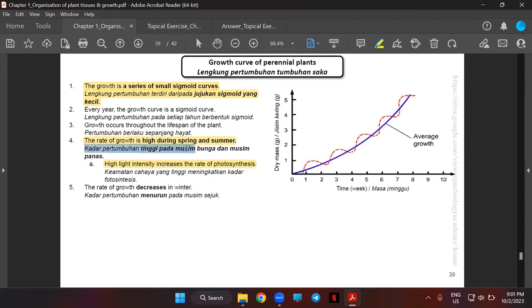Kadar pertumbuhan tinggi pada musim bunga dan musim panas, di mana keamatan cahaya yang tinggi meningkatkan kadar fotosintesis. Dapat markah yang kedua. This is how you write.